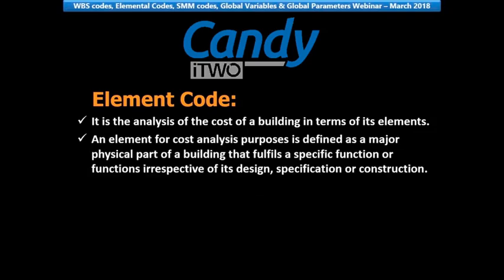An element for cost analysis purposes is defined as a major physical part of a building that fulfills a specific function or functions irrespective of its design, specification, or construction. The list of elements, however, is a compromise between this definition and what is considered practical.